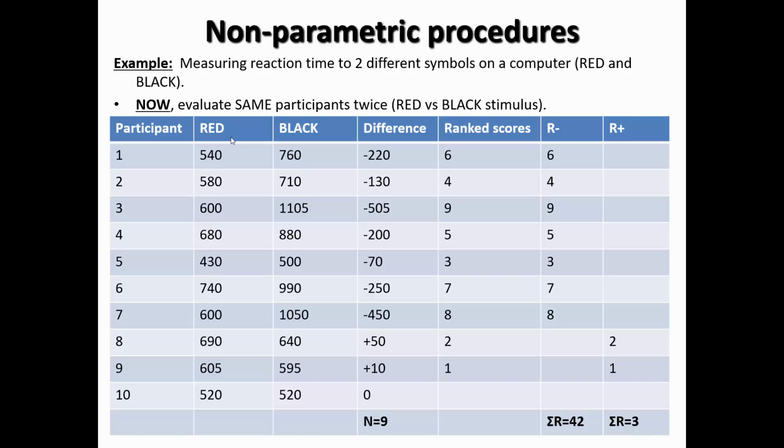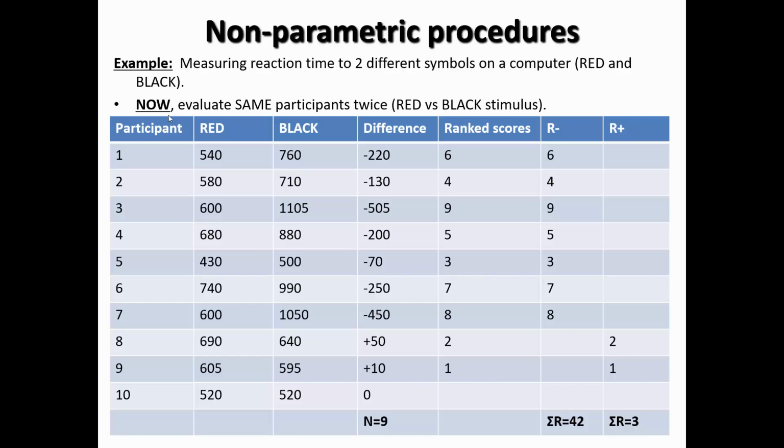And in this particular study, the reaction time to seeing two different colored symbols on a computer screen, whether the symbol is red or the symbol is black, is evaluated in terms of how fast a person can see that symbol, visually process it, and react to it by pressing a button.